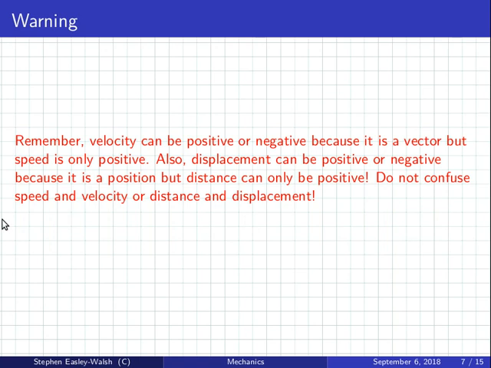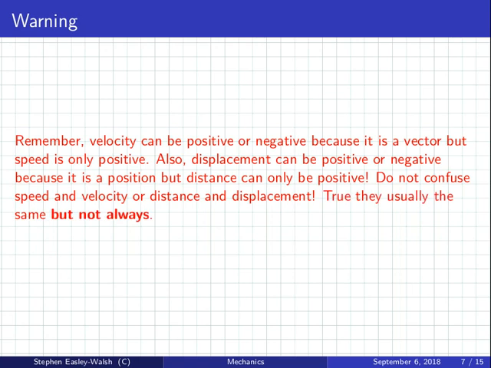Speed is positive, velocity is positive or negative, distance is positive, displacement is positive or negative. Did you make some note of your warning? Yeah. Continue? Yep. Okay.